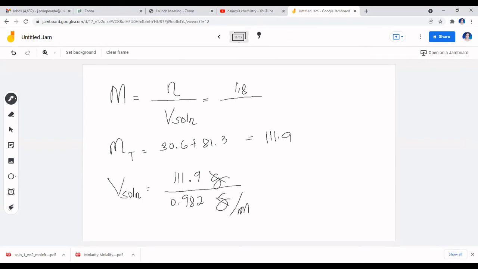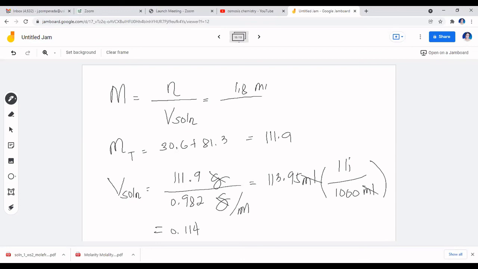So I will have now the volume in ml, which is 113.95. But this is in ml. I want it in liters. So I will divide by 1,000 to give me the liter unit in my volume. So my volume is 0.114, right? Correct.